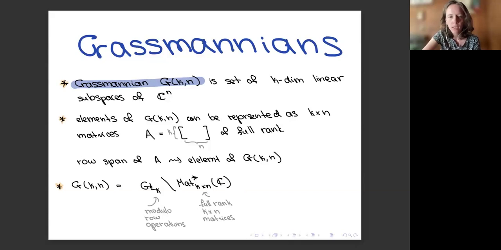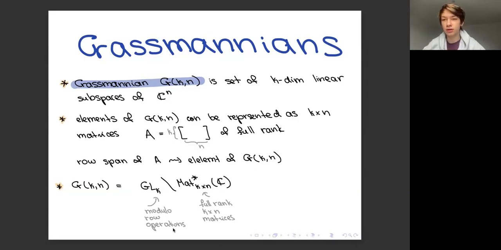This just applies row operations to the matrix, and as you know from linear algebra, row operations do not change the row span. So this is all good. That's the way you want to think about elements of the Grassmannian: matrices up to row operations.